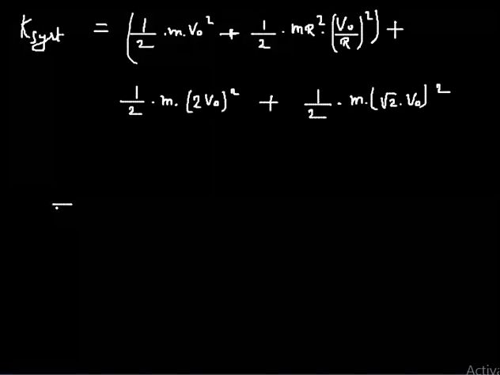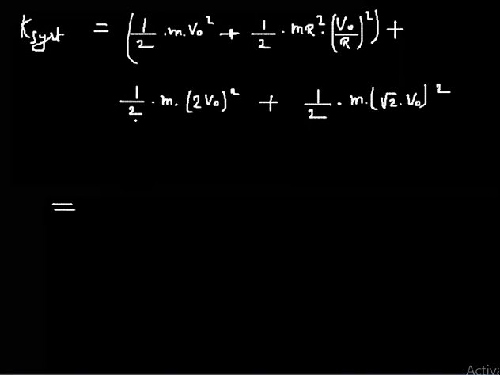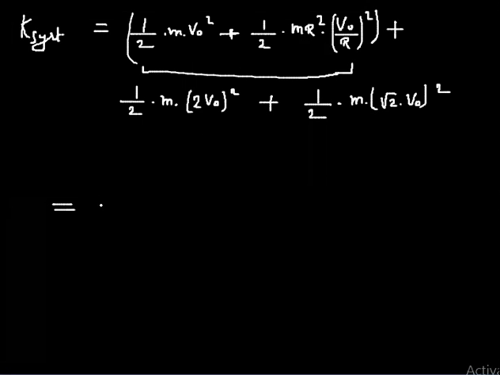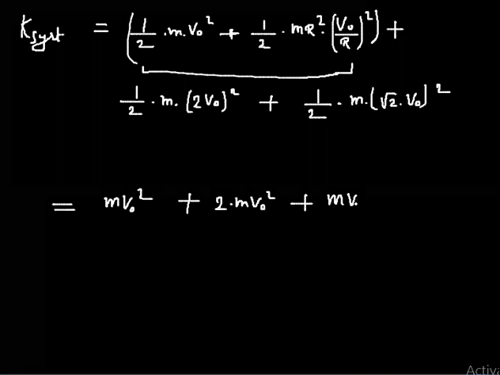If we add all these values, the first two are both half m v naught square, because r square and r square get cancelled. So the first section has m v naught square, the second has 2 m v naught square, and the third has m v naught square.